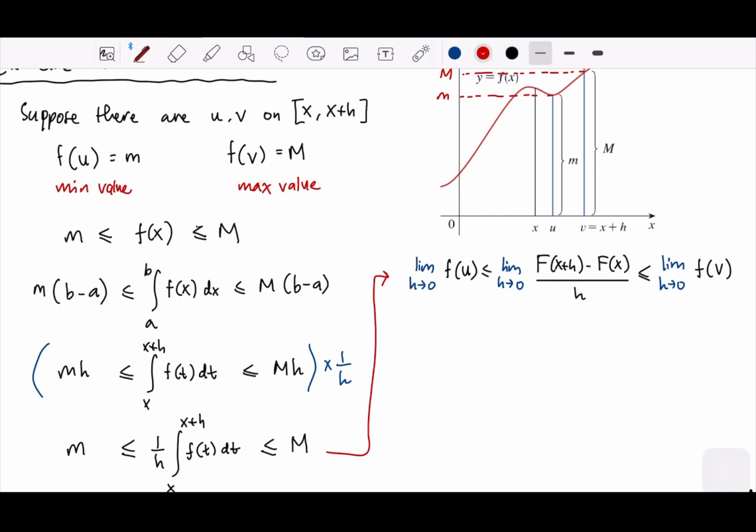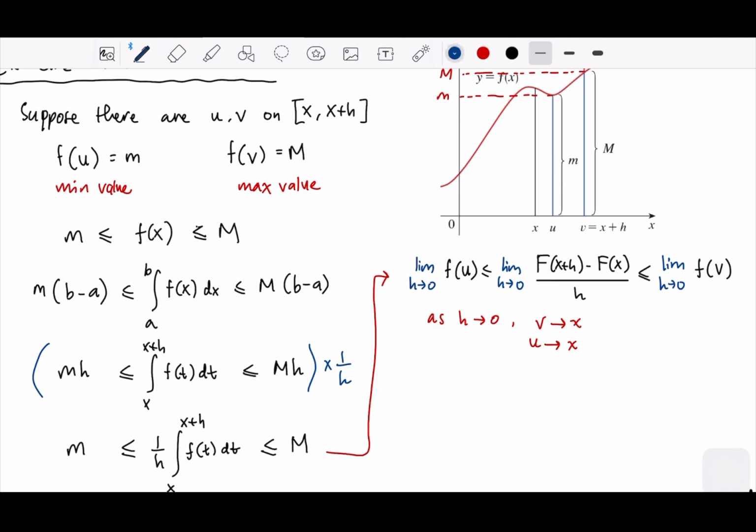Now, as h gets closer to 0, what will happen? If h is getting to 0, v will be equal to x, right? And of course, u will also be getting closer to x. So as h gets closer to 0, v gets closer to x, and u also gets closer to x. So we could say that the limit of f of u as h goes to 0 will be equal to f of x.